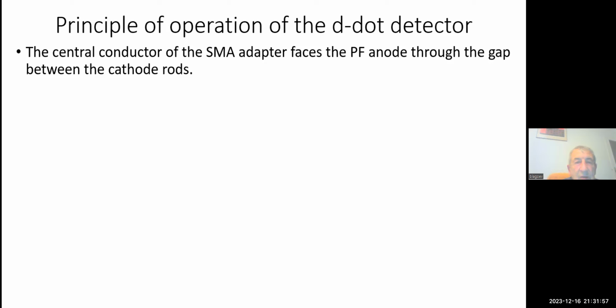Do you see this central conductor of this sensor? Yes. It is looking at the PF anode through a gap between the cathode rods.